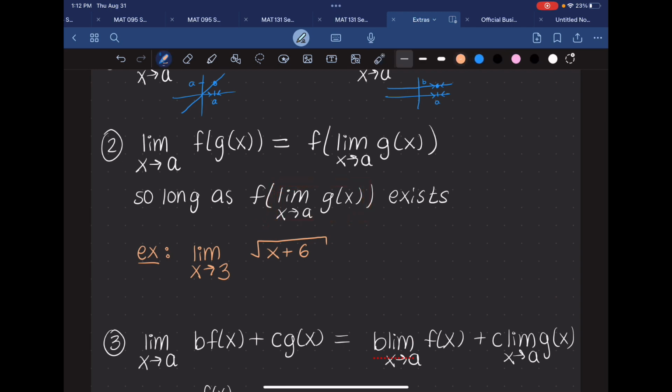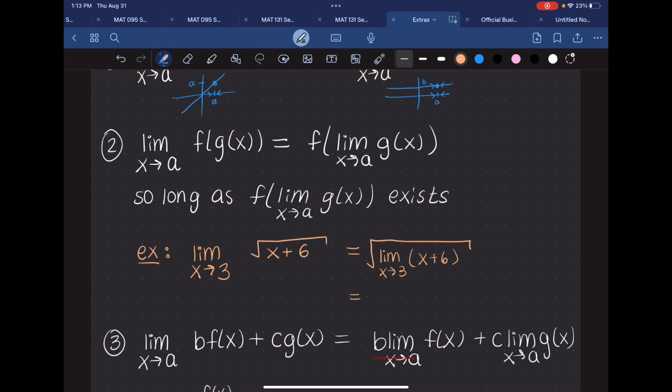So, for example, I have the limit as x goes to 3 of the square root of x plus 6. This is going to be equal to the square root of the limit as x goes to 3 of x plus 6.